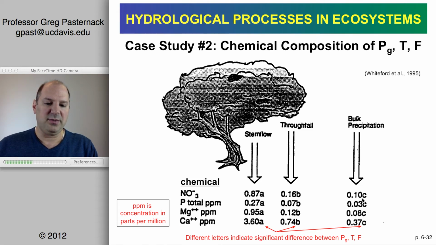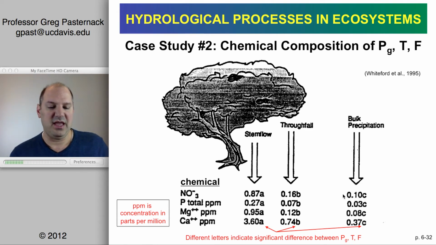And so you can see the bulk precipitation has these numbers. It's not so important what they are. Here are the numbers for through fall and stem flow, and the question that we have as scientists is, are the numbers for through fall statistically different from the numbers for bulk precipitation? And then are the numbers for stem flow statistically different from through fall and from bulk precipitation?